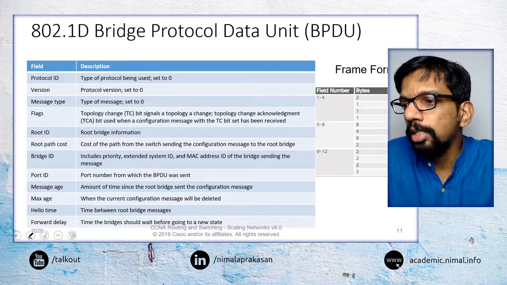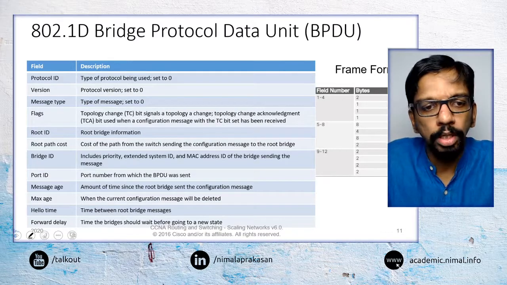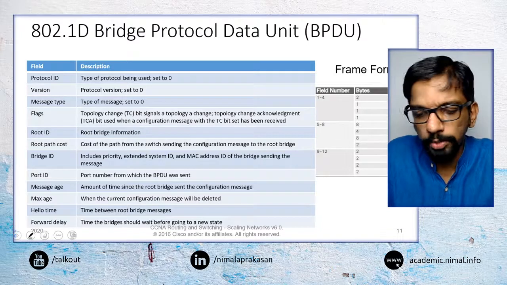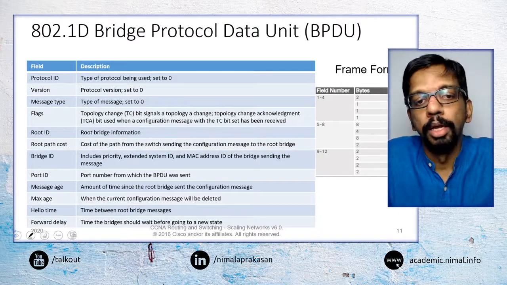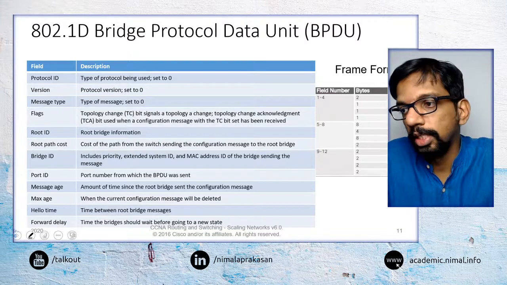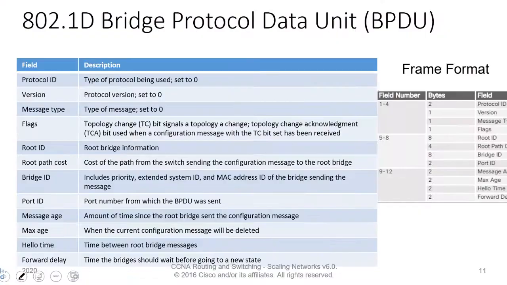When we think about the spanning tree protocol, we will also have what is called the bridge protocol data unit. This is like the information packet, or the information frame, that will be sent between switches when operating on this protocol.